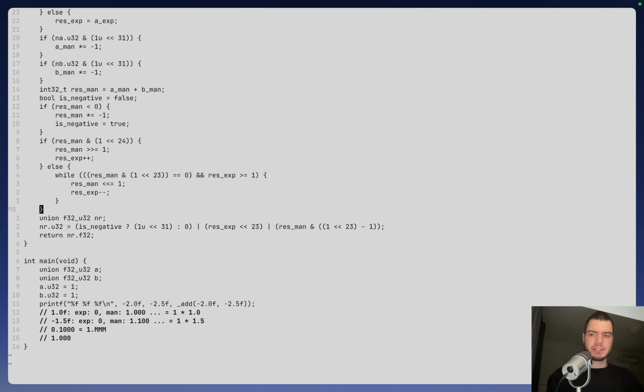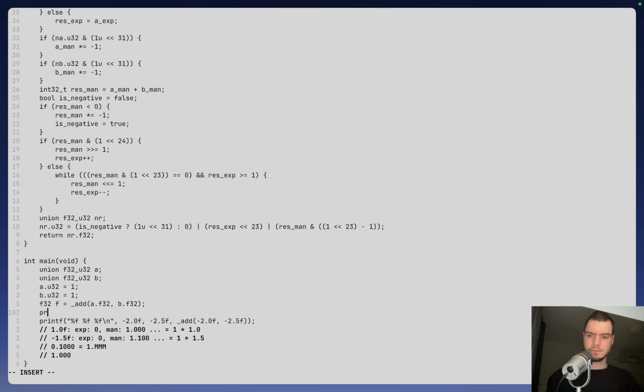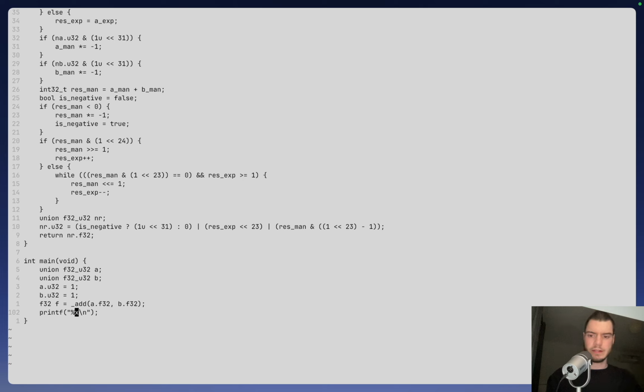That will make sure that our while loop here is correct, which I'm not sure of at this point. So let's assign the result to f, and let's call add with our 2 floating point values. I'm just going to print the result as a hex value.